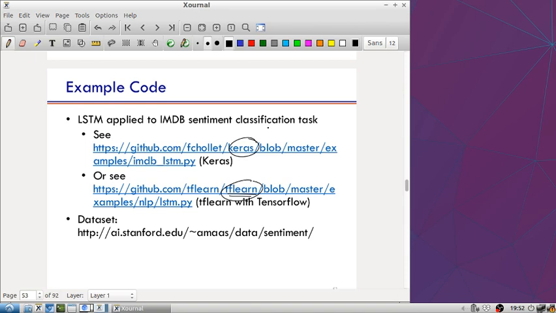Here they're just doing movie review classification. You have a review blurb, a text blob of variable length, though in this code they make it the same length, and then you just classify whether it's a positive or negative sentiment.